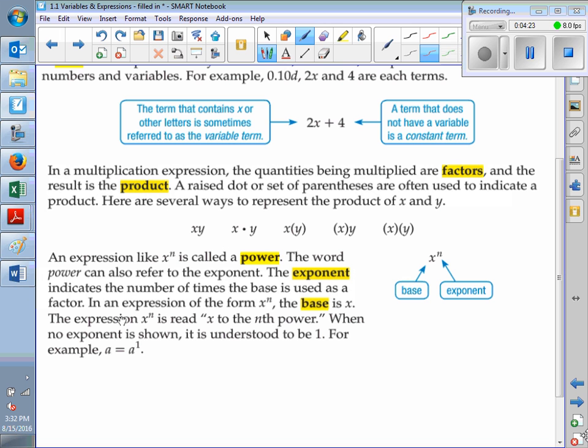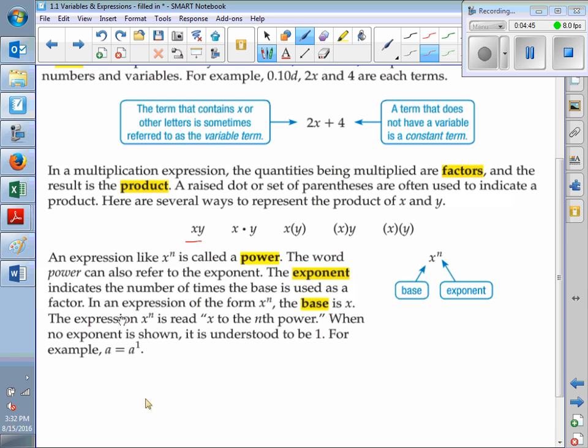Still pretty much a review, right? Okay, so going back down here. When we are multiplying, here's one way that you can show multiplication. You put the two variables or the two terms or the two factors right next to each other. If we had numbers, we wouldn't put them right next to each other, right?